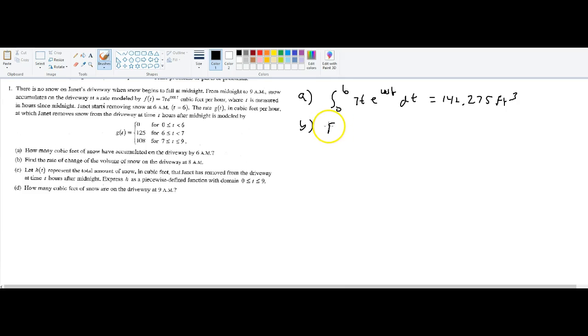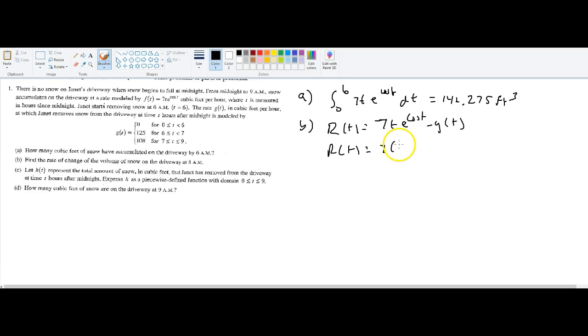So the rate at which it's changing would be the rate at which it's falling, which is going to be 7t e to the cosine t, minus the rate at which she is shoveling, right? So what would that be in this case? It would be 7t. We're talking about at hour number 8, right?